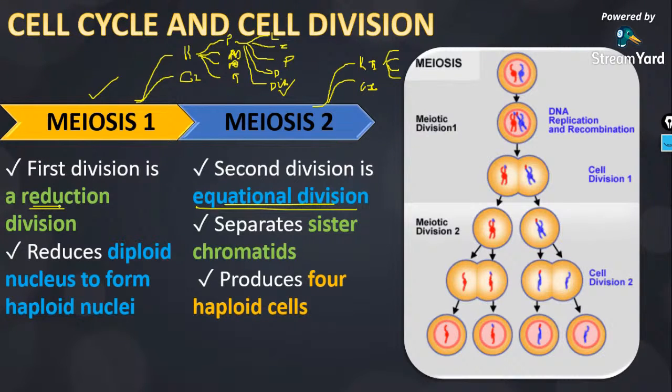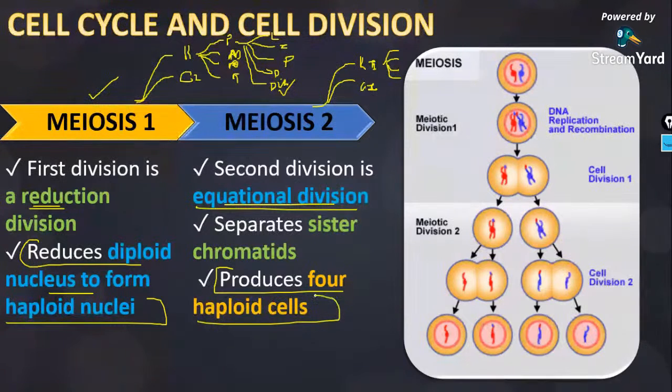The second division is similar to mitosis and produces 4 haploid cells. The only difference is that meiosis 2 occurs in haploid cells and mitosis occurs in diploid cells. All others are equal. Clear with that?